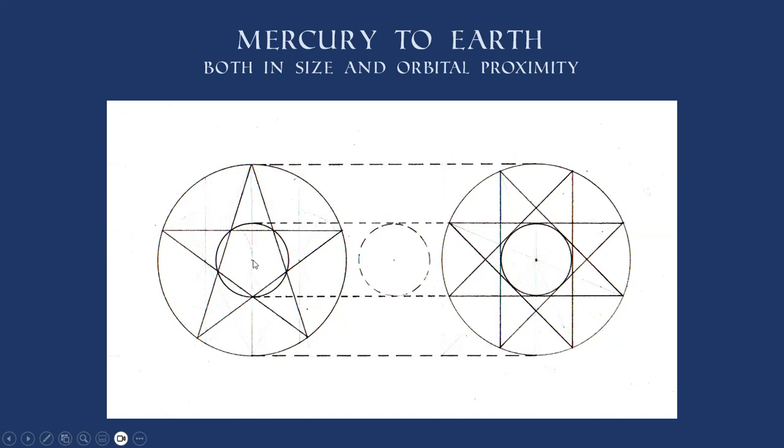So you have this relationship between Mercury and Earth, both in terms of their size and also their orbital proximity. Now, this is all going on at the same time as Earth and Venus are creating these stars through a generative movement. So it's a fascinating correlation between these three planets.